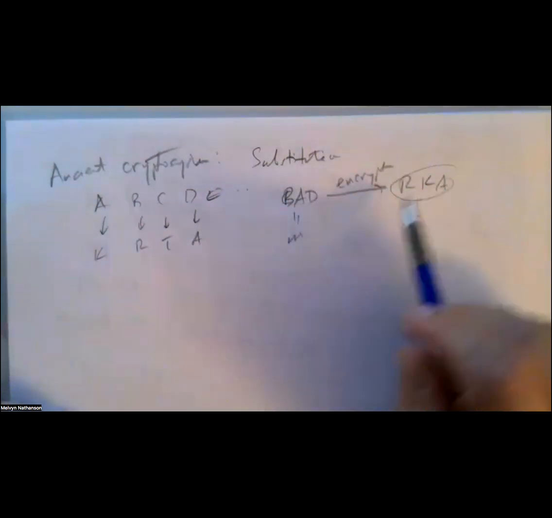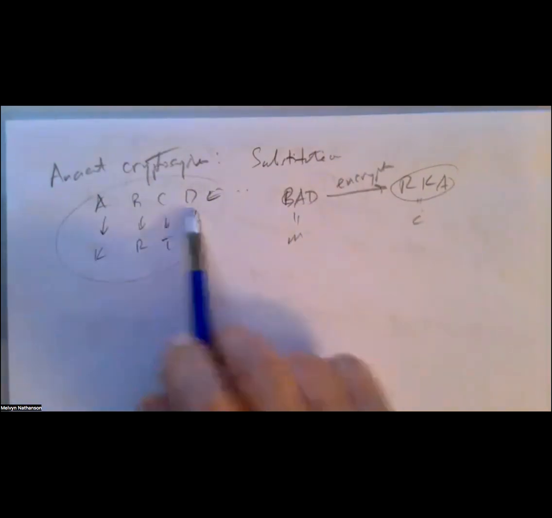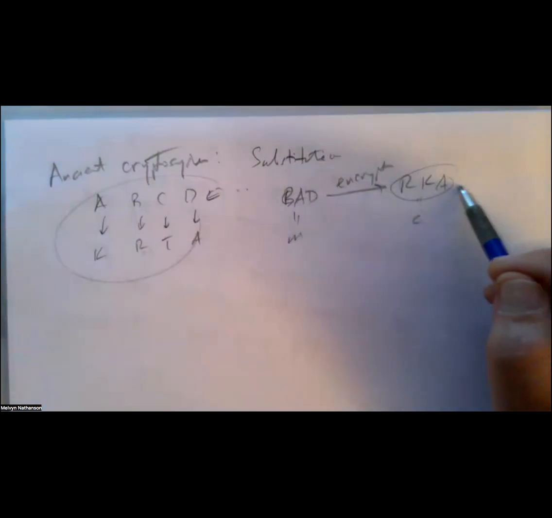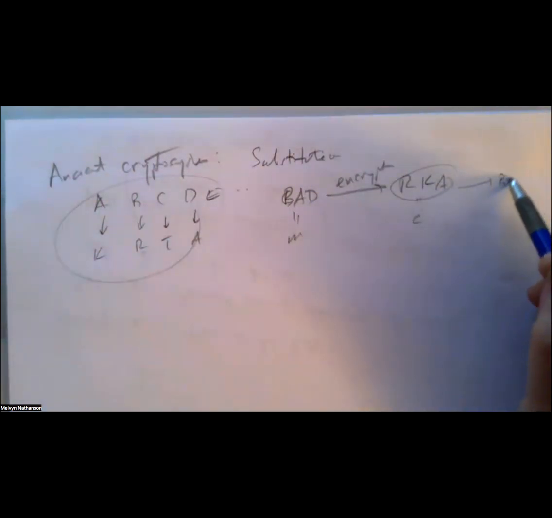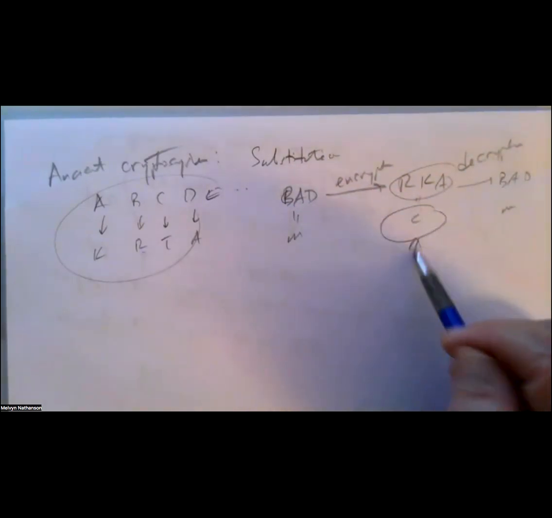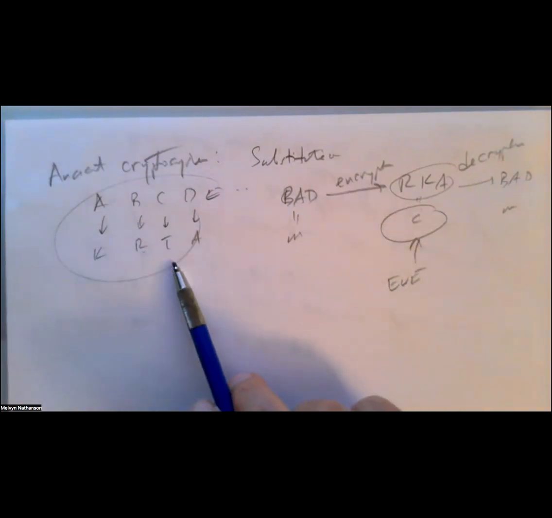So you would send this, and the person who's receiving the message knows what the substitution rule is, and then from RKA can work backwards and get BAD. So this is decryption. And Eve can intercept the message, and if she doesn't know the substitution method, she can't decipher it, she can't decrypt it.